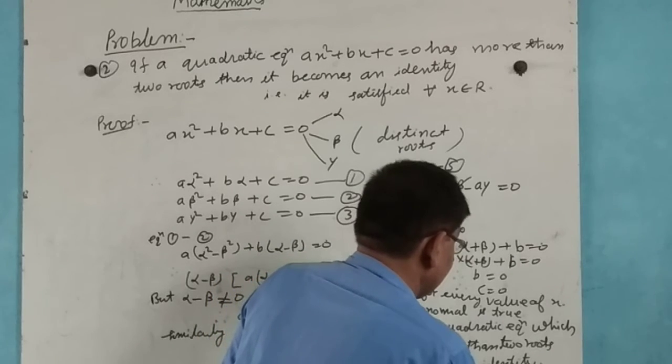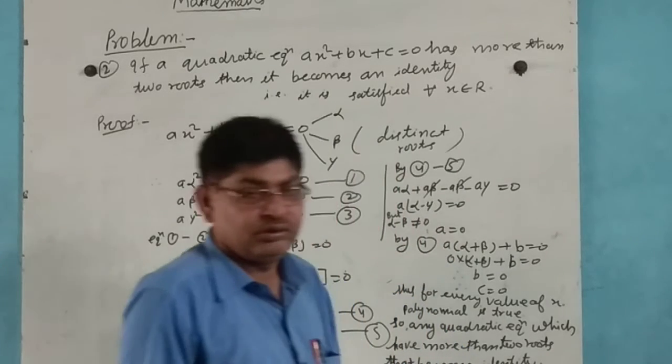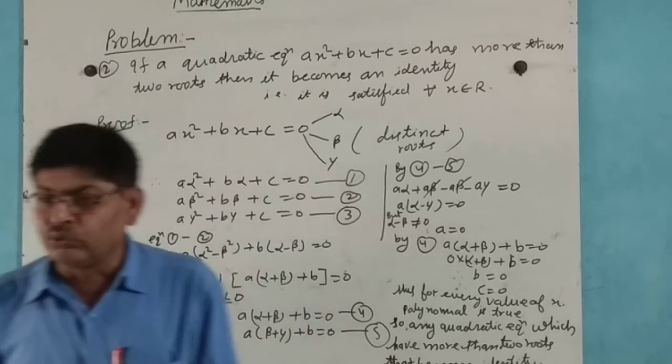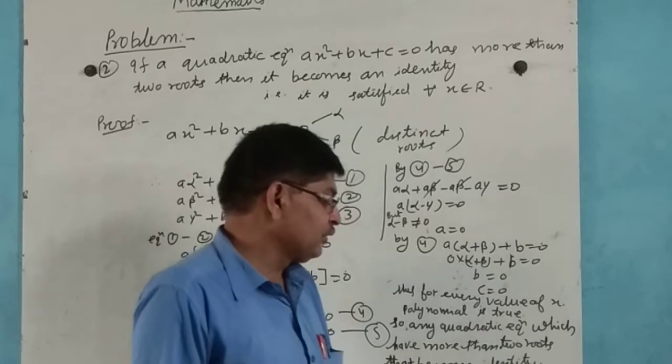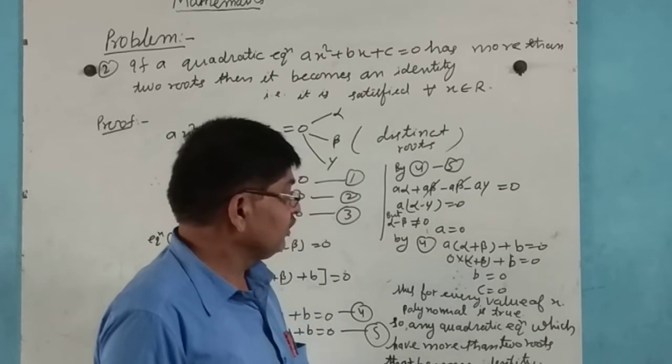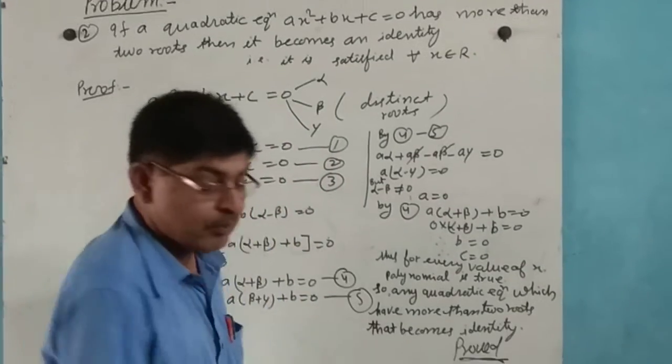It means that if you consider more than 2 roots for the quadratic equation, that becomes an identity.